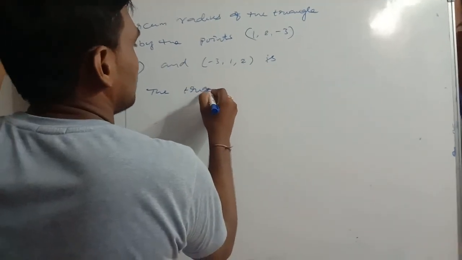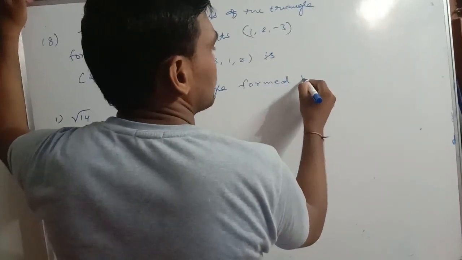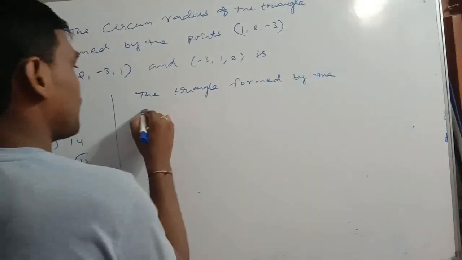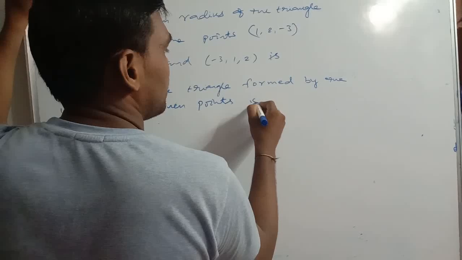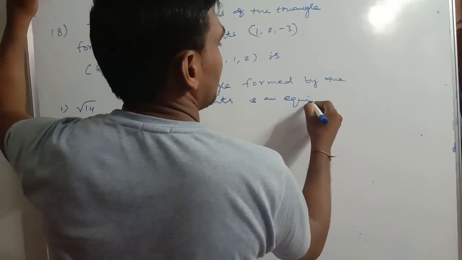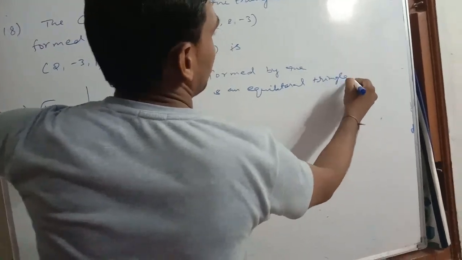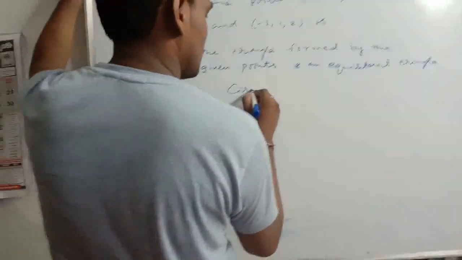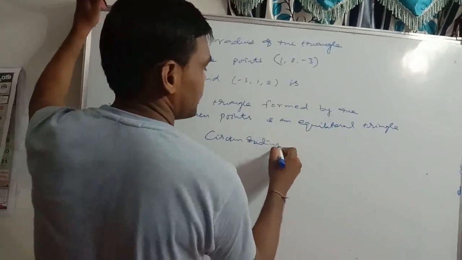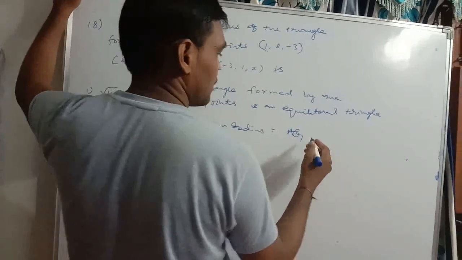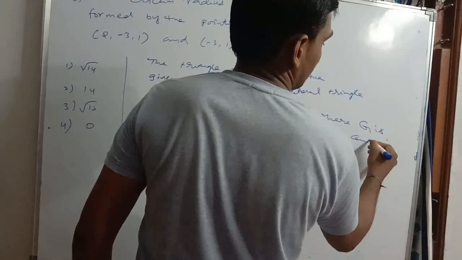The triangle formed by the given points is an equilateral triangle. Therefore the circumradius is equal to AG, where G is the centroid.